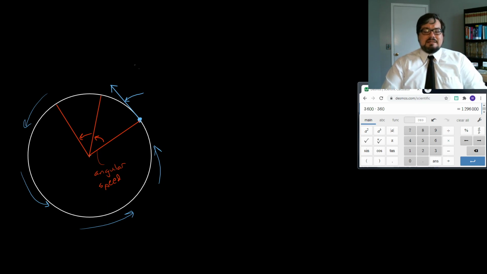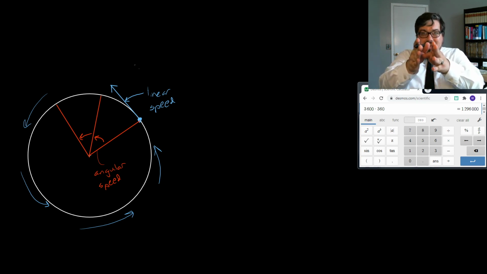And so its speed that it experiences traveling forward is called its linear speed. And so there are two different ways that we can describe this object's speed. Its angular speed, how quickly it's going around the circle, and then its linear speed, which is sort of how fast it's going forward from its own perspective.